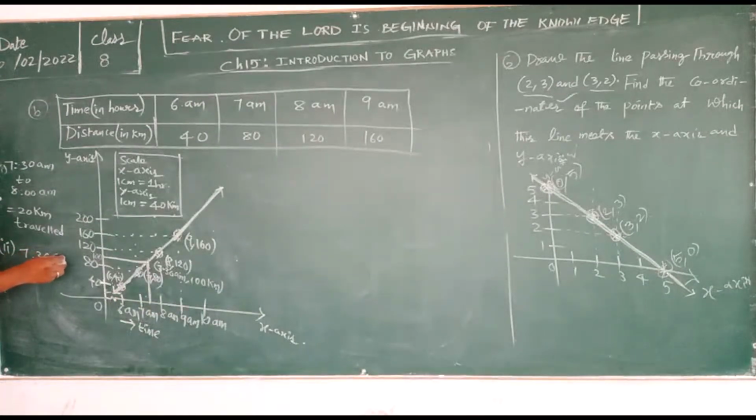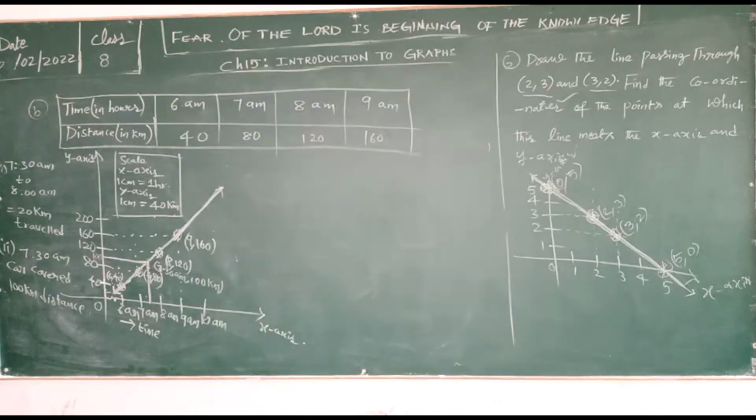So at last you write the second answer: at 7:30 a.m. the car, it is a car only, right? Yes, the car covered 100 kilometers distance. So what is the time now?